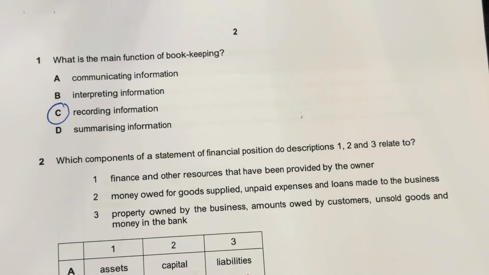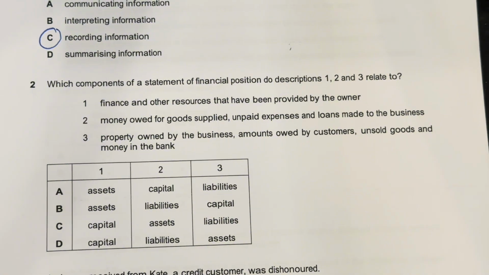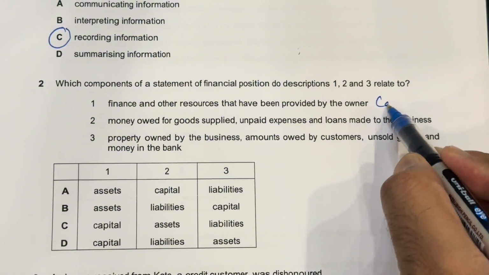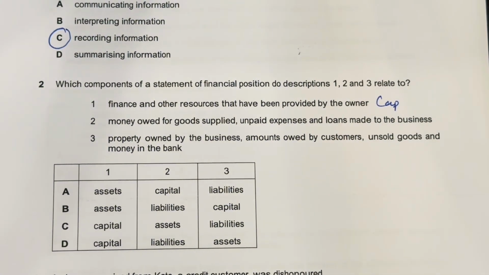Now question number 2, which component of the statement of financial position do descriptions 1, 2 and 3 relate to? Number 1, finance and other resources that have been provided by the owner. Finances and other resources provided by the owner is the capital. Money owed for goods supplied, unpaid expenses and loans made to the business.